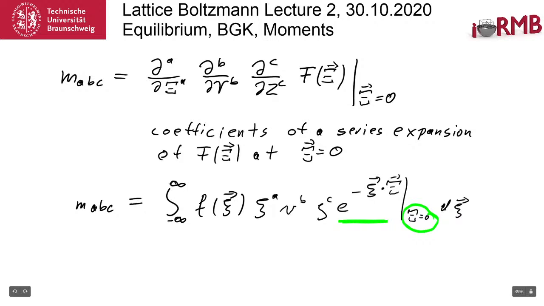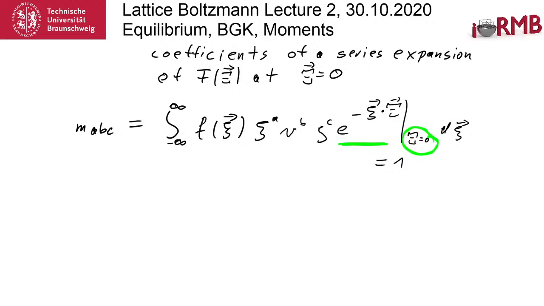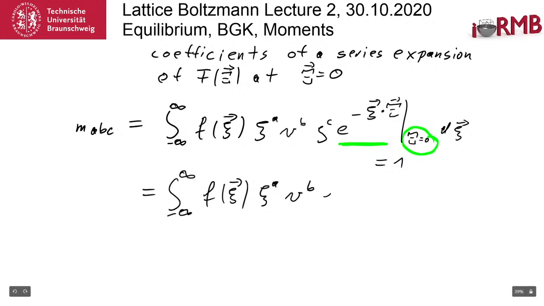So we can rewrite the entire thing as the integral from minus infinity to infinity of f of xc, and this xc component, the first component to the power a, the second component to the power b, and this is the third component to the power c, integrated over the entire vector xc.